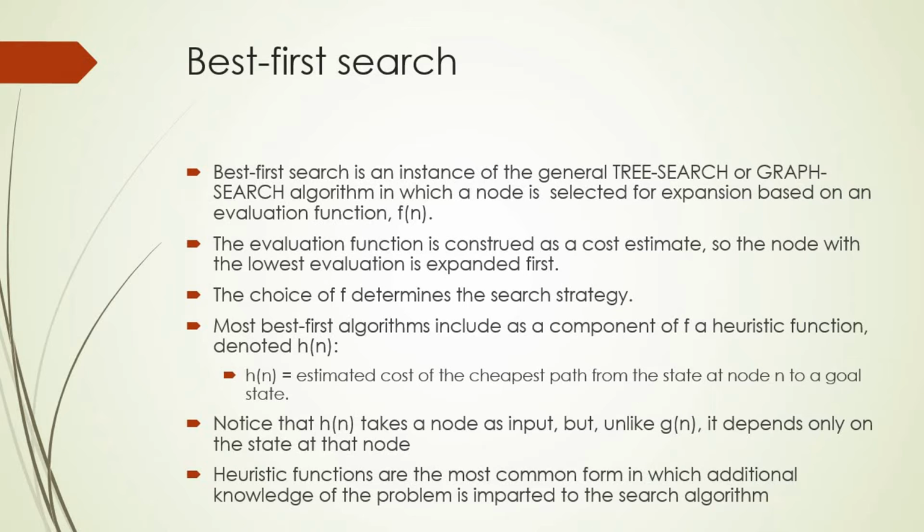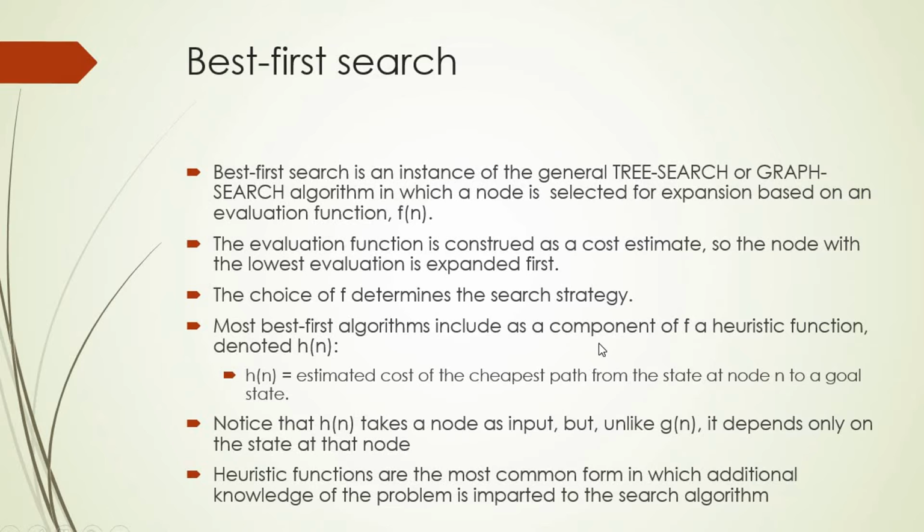But the important thing which makes it different from depth first search, or uninformed search, is that this one evaluates, and the one with the lowest is the one that is expanded. So the choice of f, the function, determines the strategy.